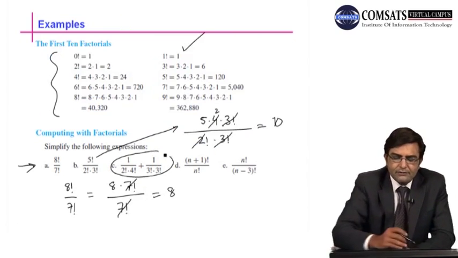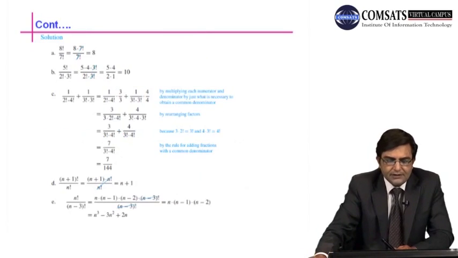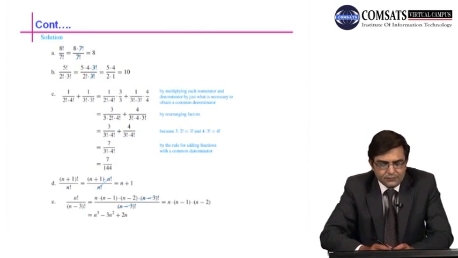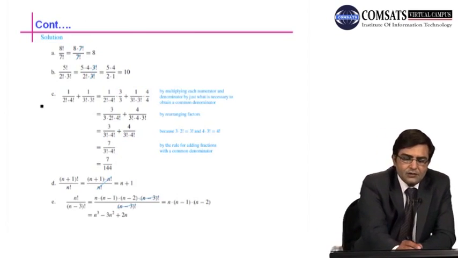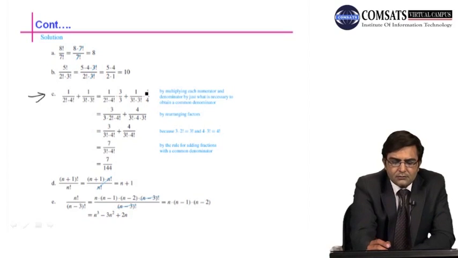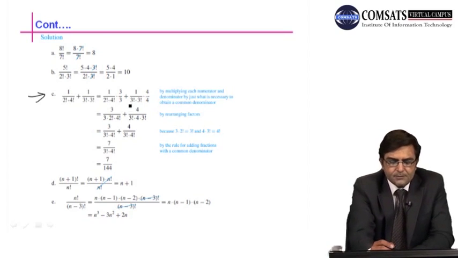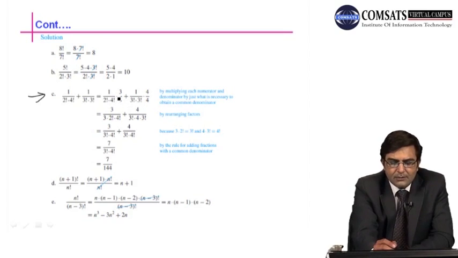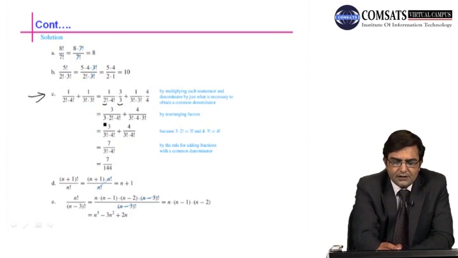Similarly, we can simplify this. On the next page, I have given the solution of all these exercises. Here you can see that in the C part, 1 over 2 factorial into 4 factorial plus 1 over 3 factorial into 3 factorial. Here we have 4 factorial, we have multiplied and divided by 3, so that 2 factorial becomes 3 factorial. Here we have 2 factorial, here we have 3. We have written it as 3 into 2 factorial, which is 3 factorial.